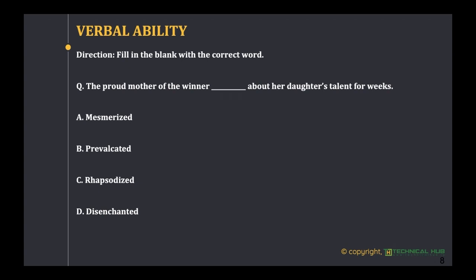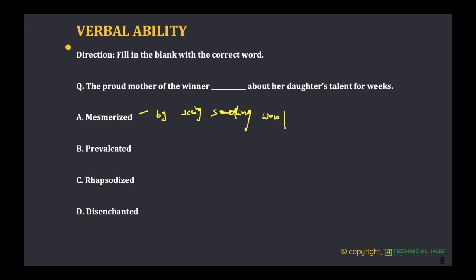But now, what are these words? Mesmerized means by seeing something, you become wow. I'm mesmerized by his performance, we say.